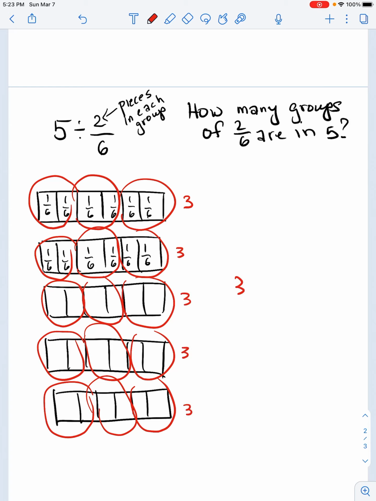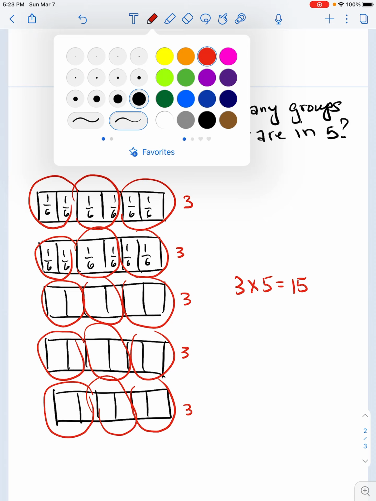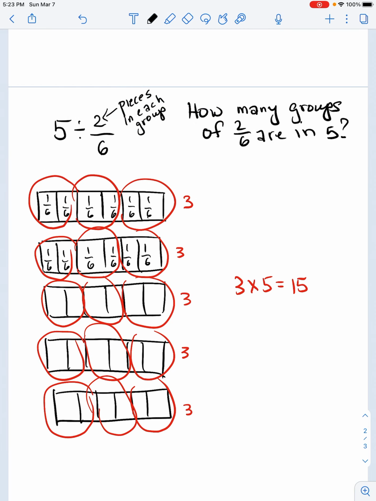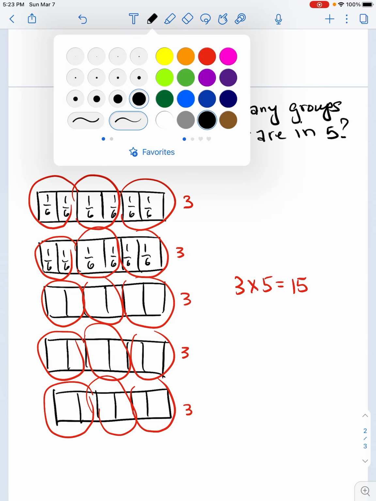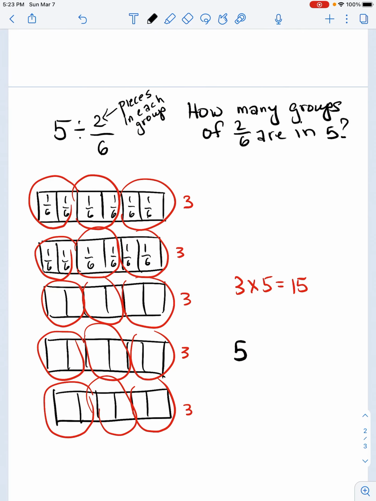There are 5 of them, and 3 times 5 is going to be 15. And so I know that 5 divided by 2/6 is going to be 15.